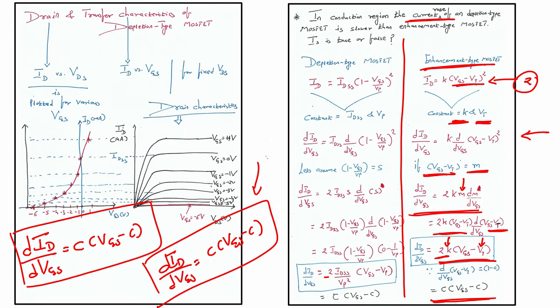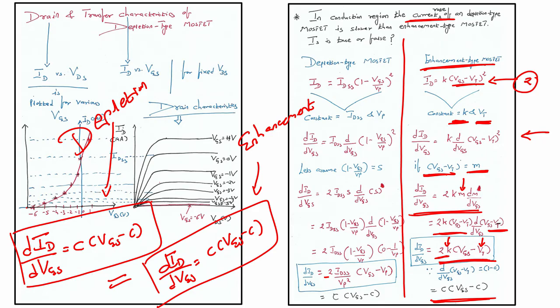This is for the enhancement type, and this is for the depletion type MOSFET. So, what I find is that in the conduction region, the current rate of change of a depletion type MOSFET is equal to that of the enhancement type MOSFET, right.